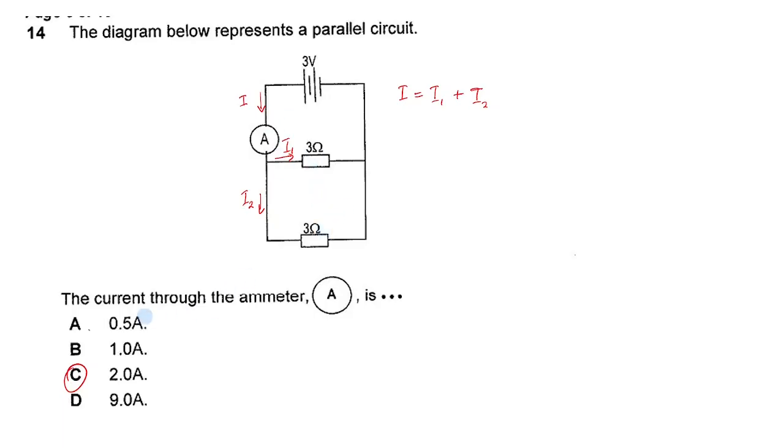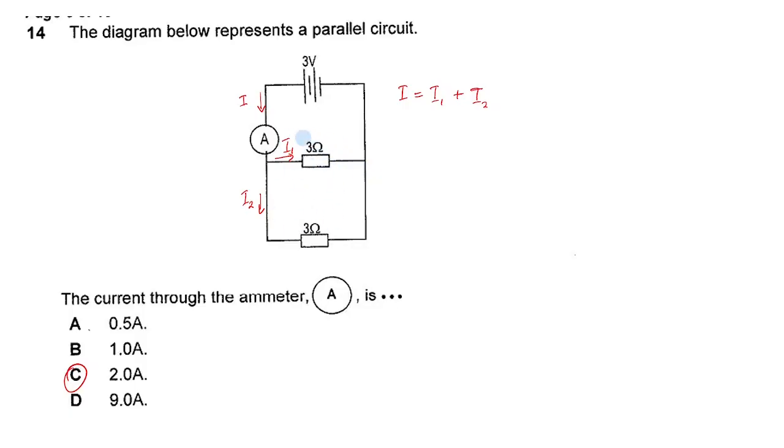But the question says the current through the ammeter A is, so what is the current through the ammeter? This I passes through the ammeter before it divides into I1 and I2. That current I is the total current in the entire circuit. So to know that current, we first need to find the total resistance.